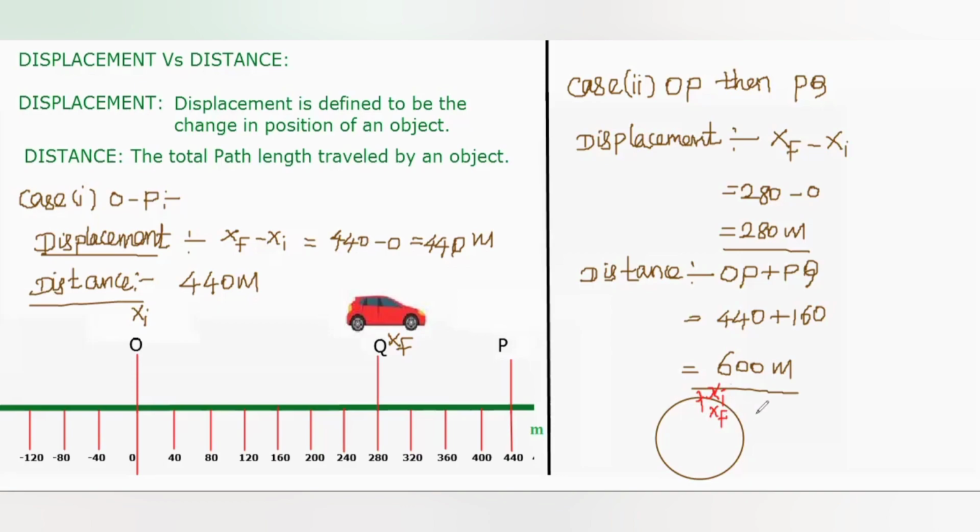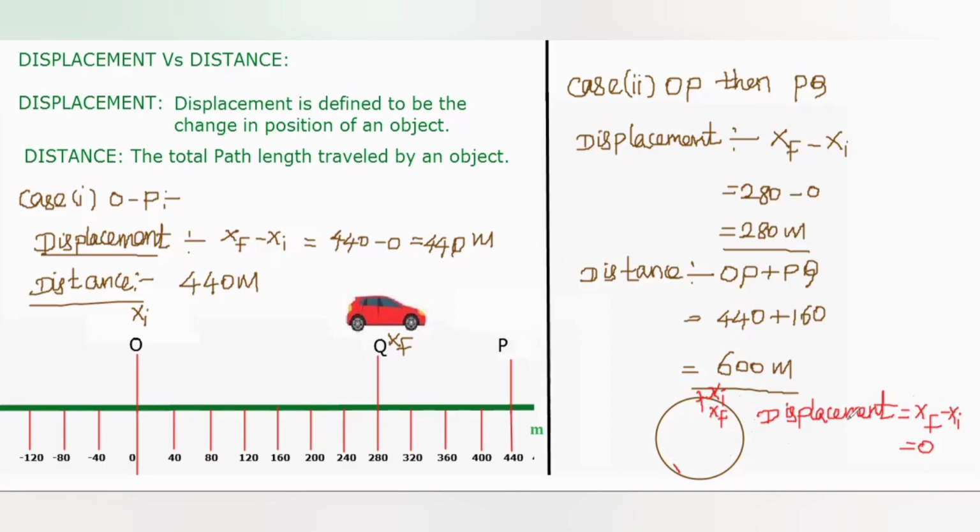So for this case, if you calculate the displacement, which is equal to the change in position, xf minus xi, that equals 0. Because when the particle moves in a circular path and again reaches the initial position, the final position is also the same.